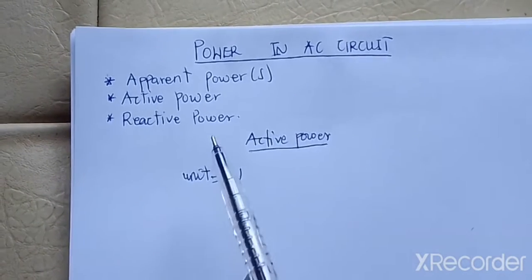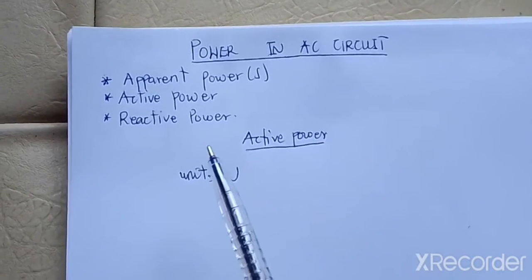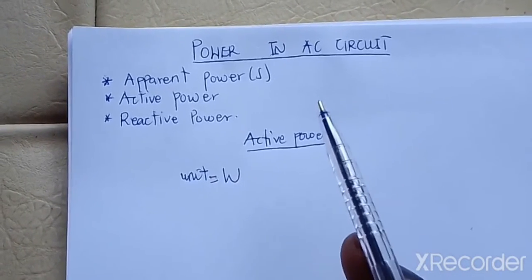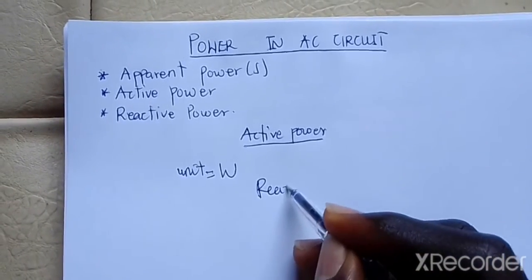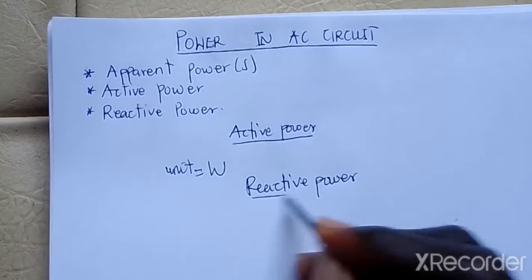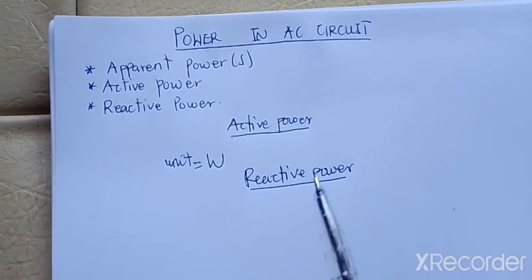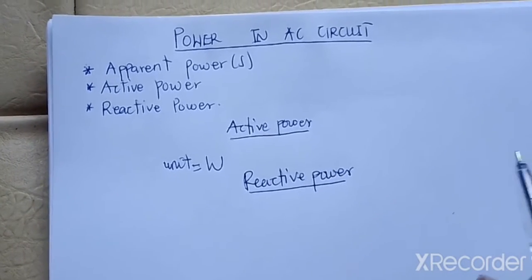When we say reactive power, this is the power which is offered by the reactance of the circuit, and the reactance is from either the capacitance or the inductance. So for the reactive power, we have the reactance either in the capacitance or in the inductance.